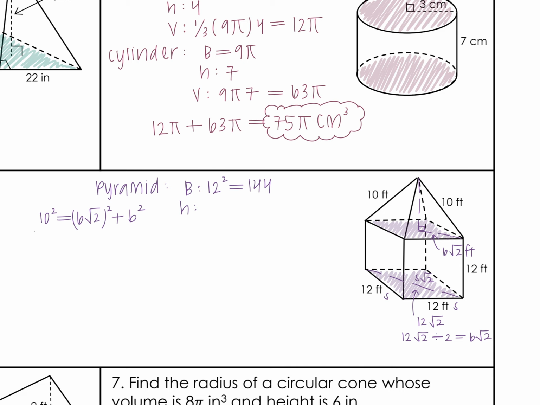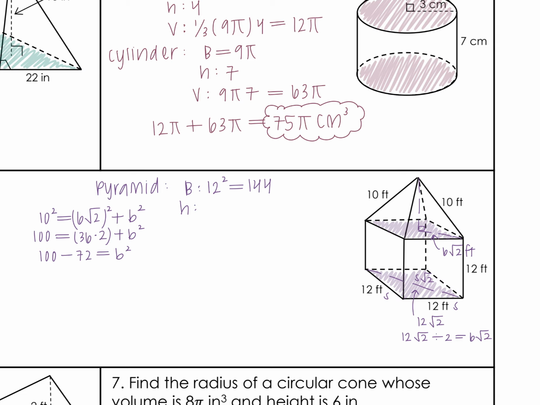Okay, so when I square everything, I'm going to get 100 is equal to, and so here we're going to have our 36 times 2 plus b squared. Well, 36 times 2 is just going to give me 72. So I'm going to have 100 minus 72, subtract it over, should be equal to my b squared.